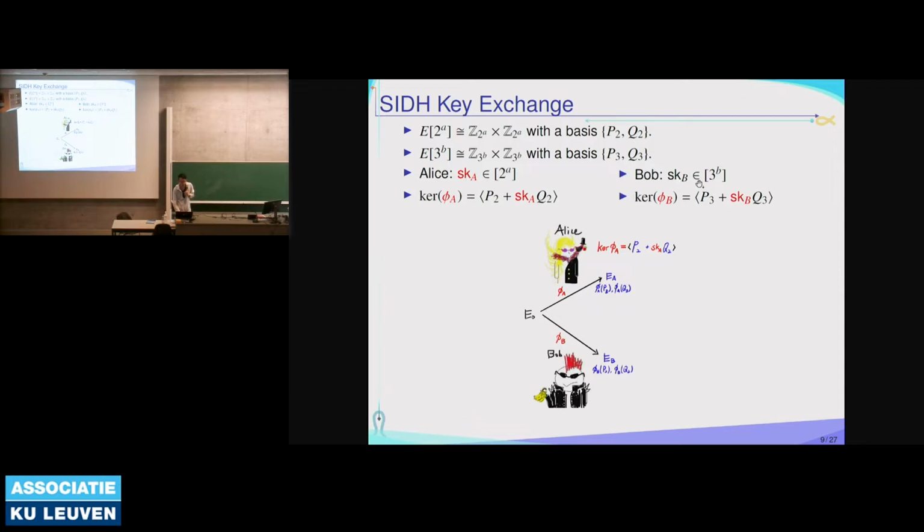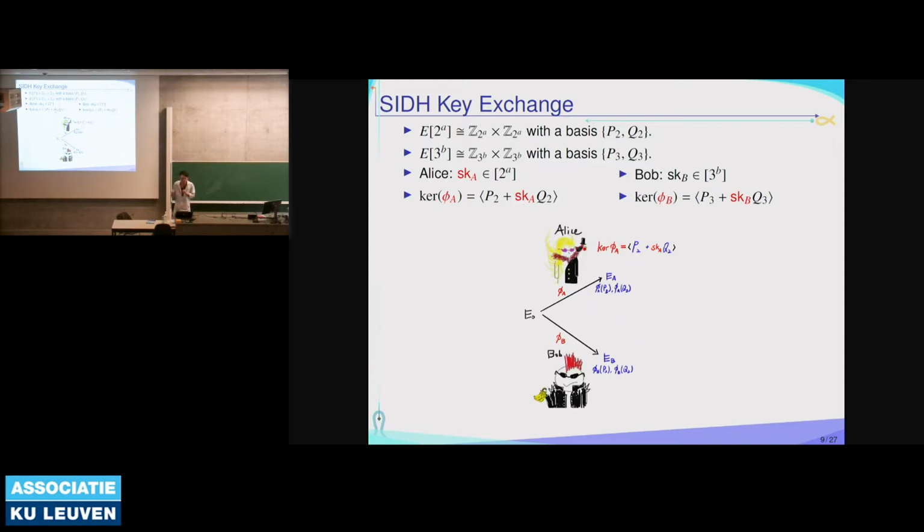Bob's secret key is between 0 and 3^B minus 1. So the kernel of Alice's secret isogeny phi_A is the subgroup generated by P2 plus SK_A times Q2, and Bob's kernel is P3 plus SK_B times Q3.